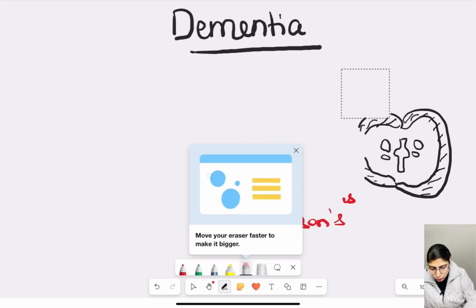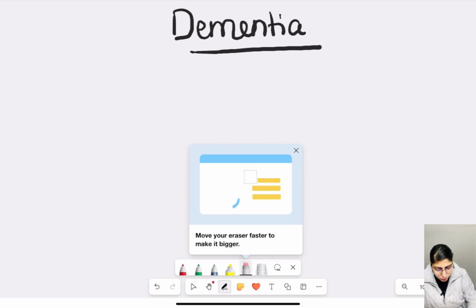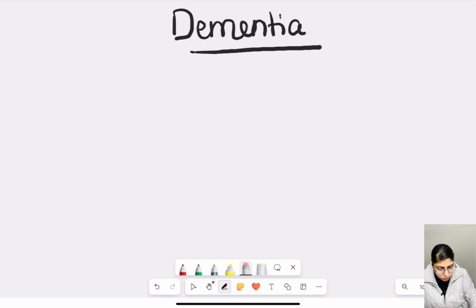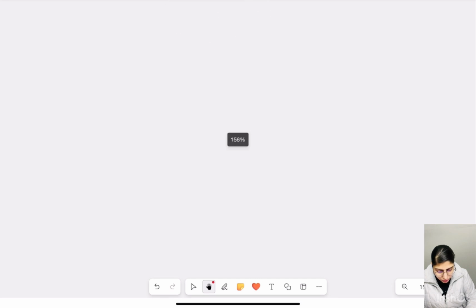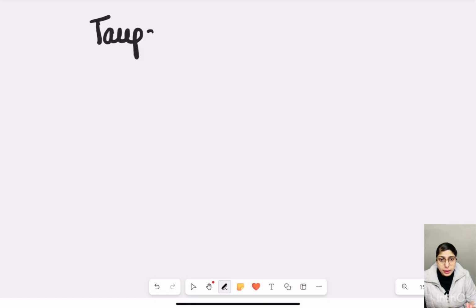Now let's move on to the pathophysiology. There are certain dementias which are occurring because of involvement of tau bodies, and some have synuclein pathological inclusion bodies in the cells which lead to degeneration of those brain cells.